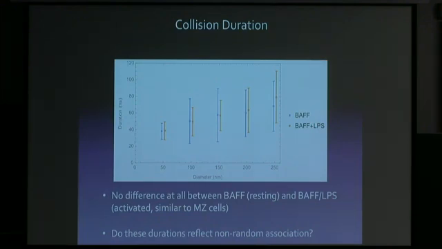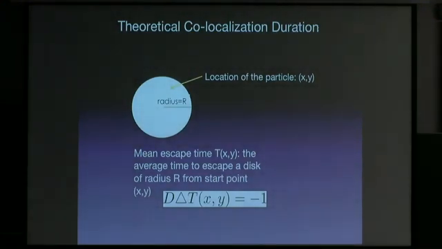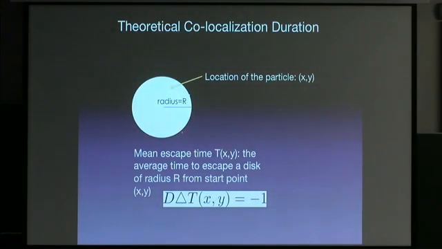If you have two diffusing objects, how long should they stay together? We can calculate that with an escape time calculation. You start a particle at x, y, and ask how long it is going to take to escape from the disk if it was purely diffusing. Equivalently, I have one particle defined at the center of the disk and another particle away from the center.